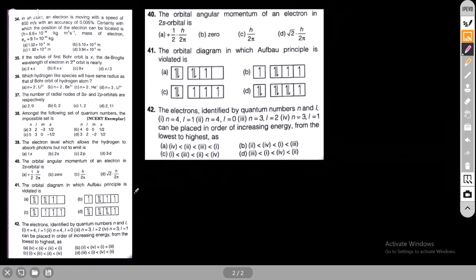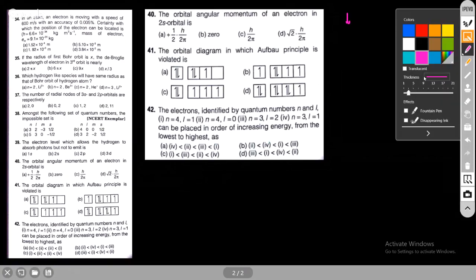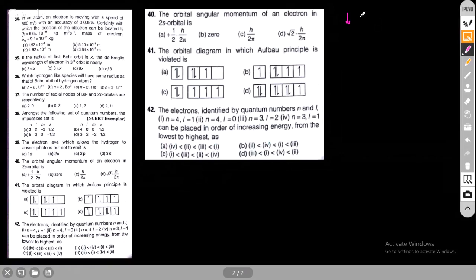Ramcharan is getting C, Saimir is getting B. What is the formula of angular momentum? It is root over of L into L plus 1, times h divided by 2 pi. Since the orbital is 2s orbital, L value is 0, and that's why the angular momentum is 0.